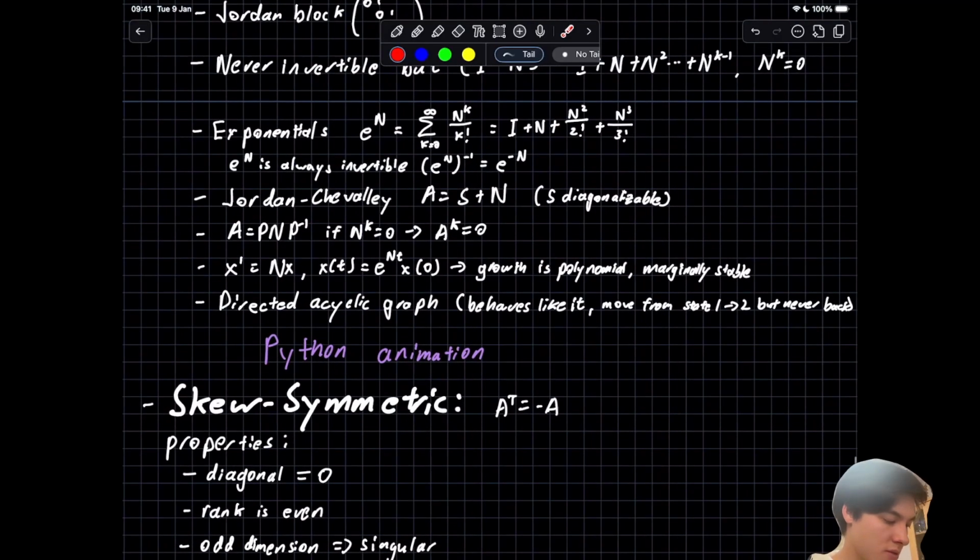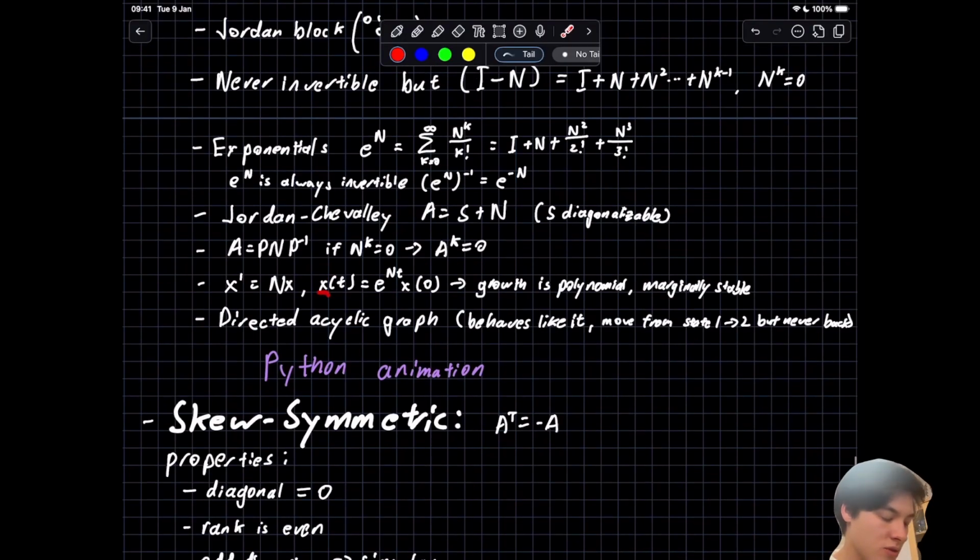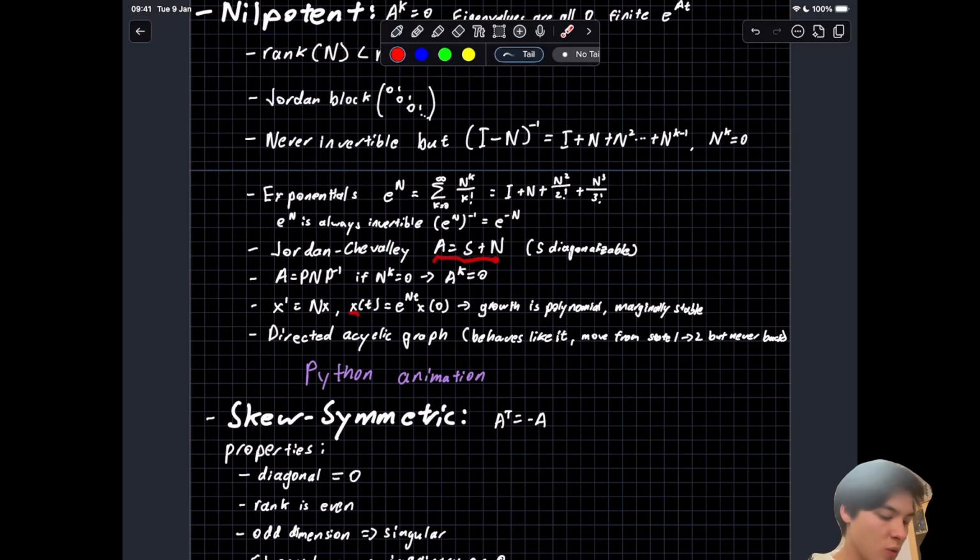What else? Jordan-Chevalley: a matrix we can always split into a diagonalizable matrix and a nilpotent part. If A is like this, consisting of a nilpotent in the middle, or if we can split it into this, then a to the power of k is 0 at some point.